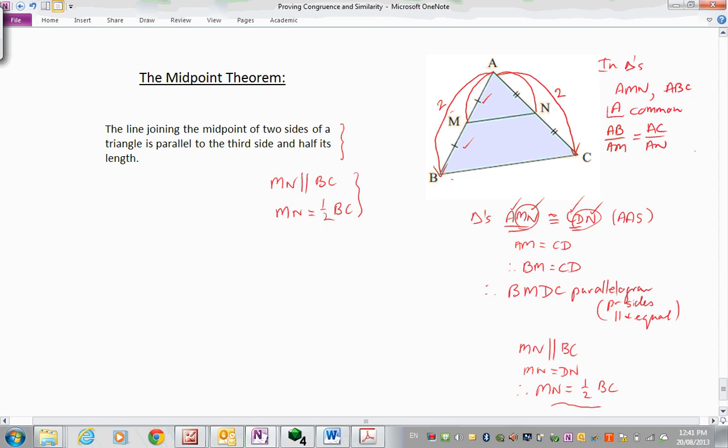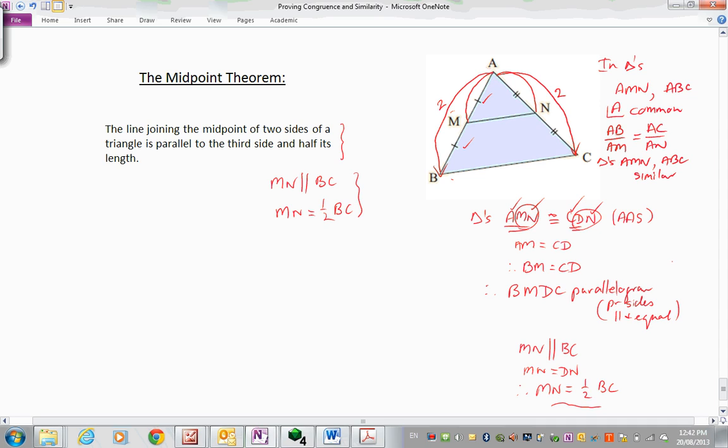Well, that's enough to show that they have been enlarged. Triangles AMN, ABC have been enlarged and are therefore equiangular and similar. They've been nested, and you can see the ratio is the same.